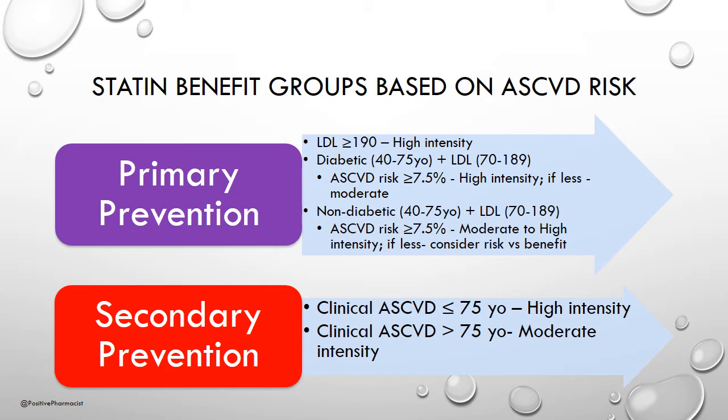So if the risk is 7.5% or higher, then the patient would have a greater risk compared to someone who has less than 7.5%.